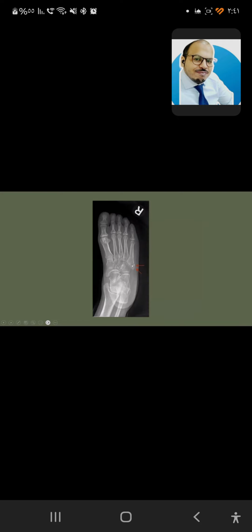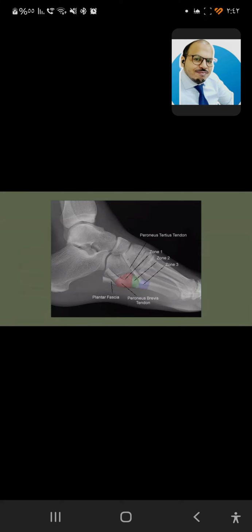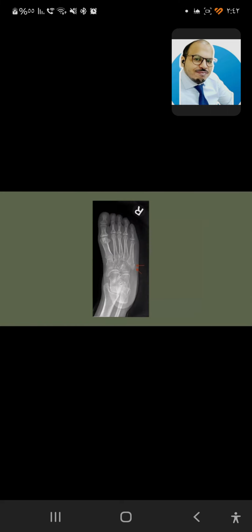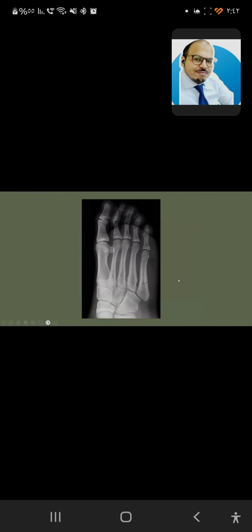Then zone two, Jones, at the joint line. Distal to that is zone three, which does not have a name; Jones and pseudo-Jones are for zones one and two. So this fracture is in zone two. This is a Jones fracture.